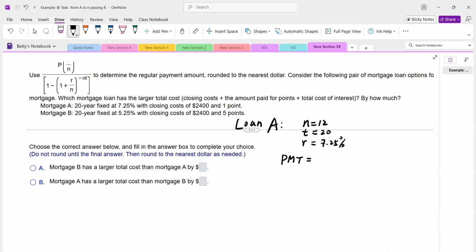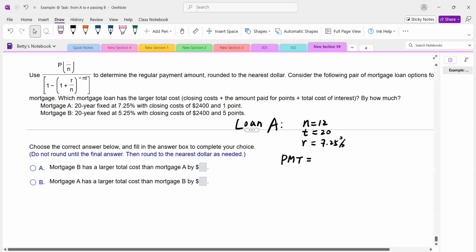Let's see how much you need to borrow from the lender. Let's see if it's given. Oh, I didn't copy all the information. It says take on a loan for $130,000.